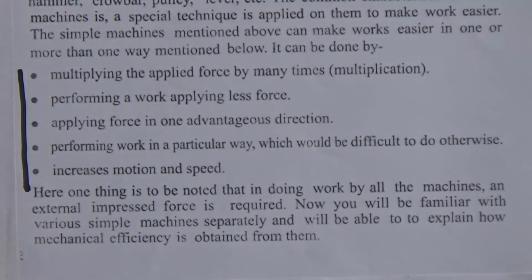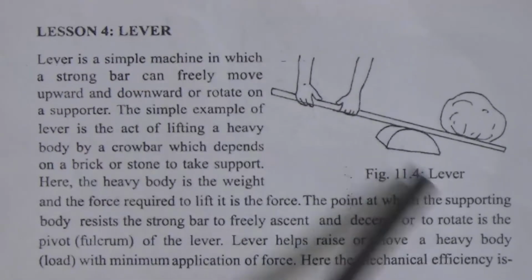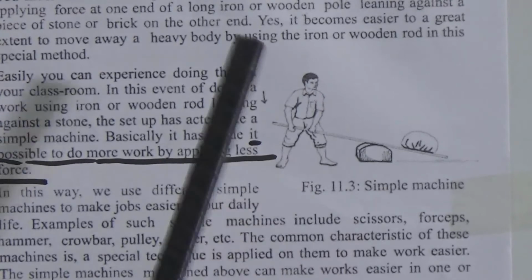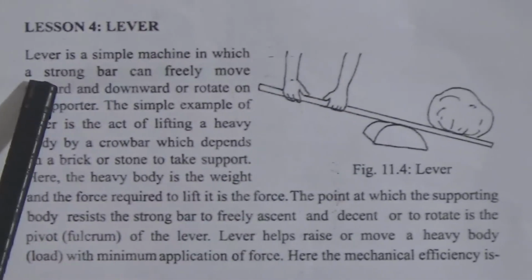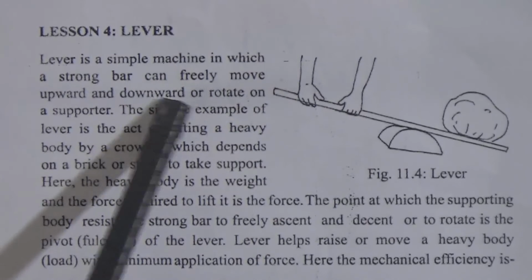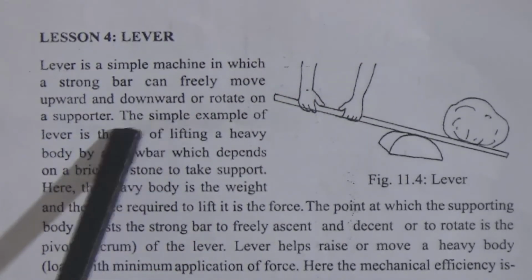Dear students, now we will discuss lesson 4, that means lever. That simple machine is showing here, that is called lever, and lever is a simple machine in which a strong bar can freely move upward and downward or rotate on a supporter.